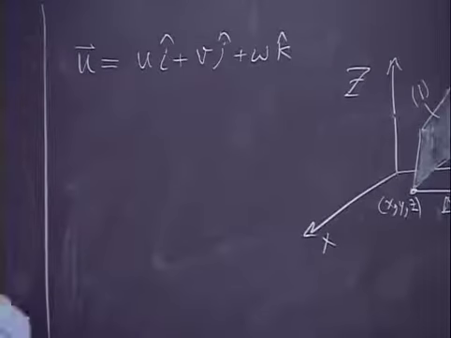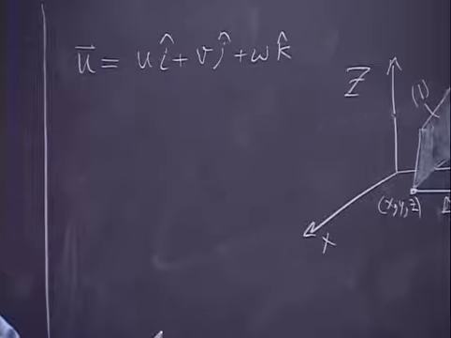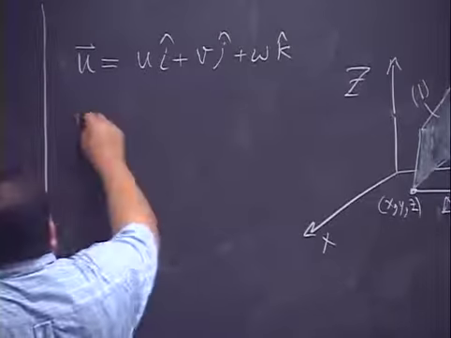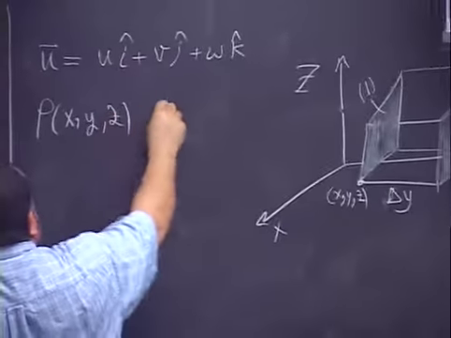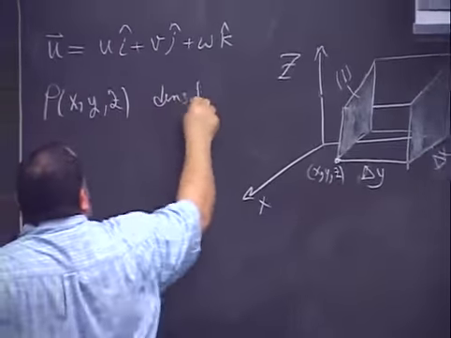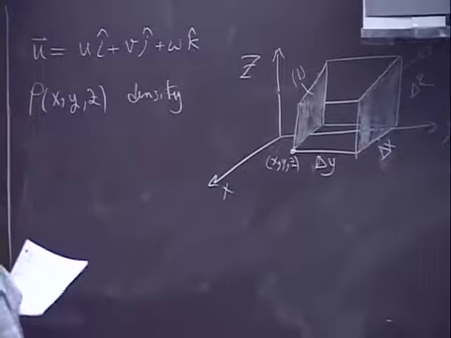So maybe it's not uniform. And let's assume that rho of x, y, and z is just the density of the fluid in this field.